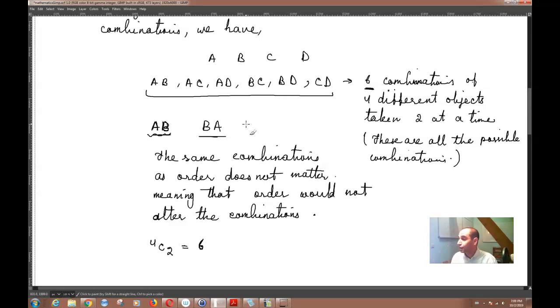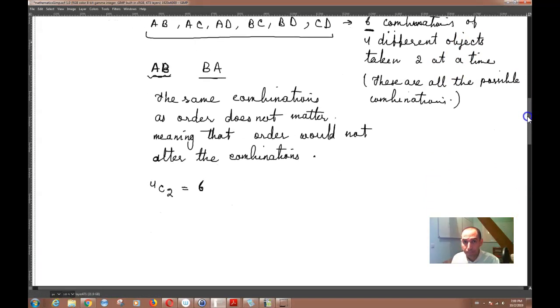Now, corresponding to each combination in the list, we can arrive at 2 factorial permutations. And if you want to verify that, you can do that.